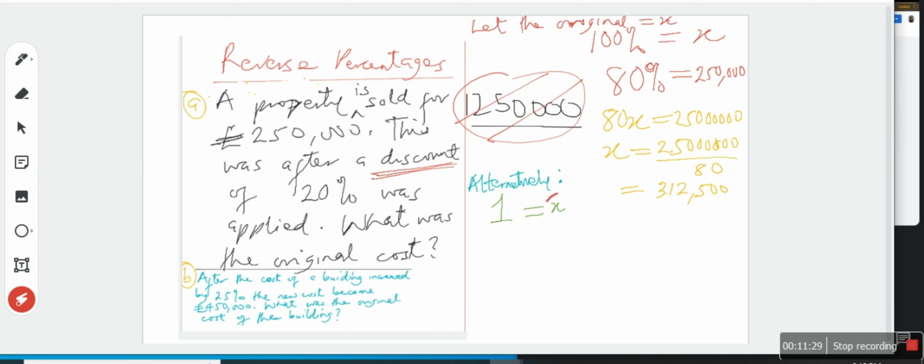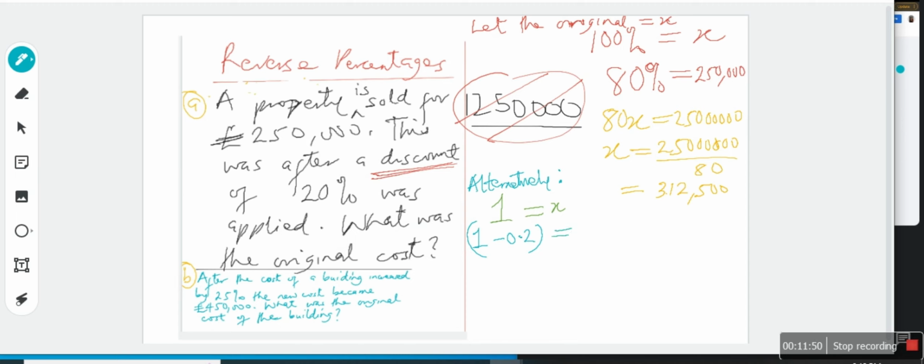So one whole number is X we are looking for, because it says what's the original cost. The original cost is 1. Now if you take out 20%, 20% is like 0.2, isn't it? Remove 0.2 from 1. What I mean is 1 minus 0.2.